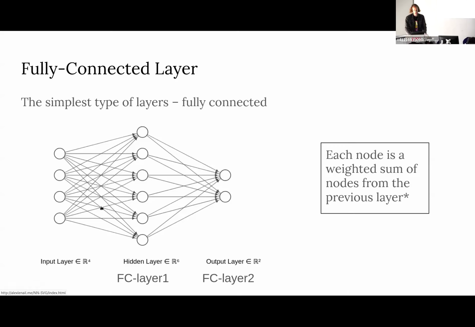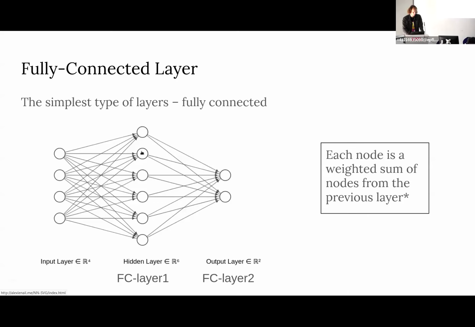Our parameters are some weights which we use for the weighted sum, meaning that we take this element and multiply it with some coefficient, then we add this element multiplied by another coefficient, then this element multiplied by another coefficient, and this element multiplied by another coefficient. And this all results in a single weighted sum element here.